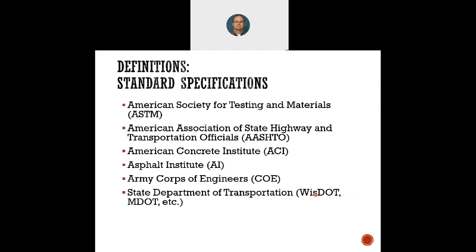If we're using the materials specified in WisDOT, every road in the state of Wisconsin will have the same quality. However, WisDOT and MDOT, they have different standards of quality, depending what state you're working in. However, they all both fall under the American Association of State Highway and Transportation Officials, AASHTO.